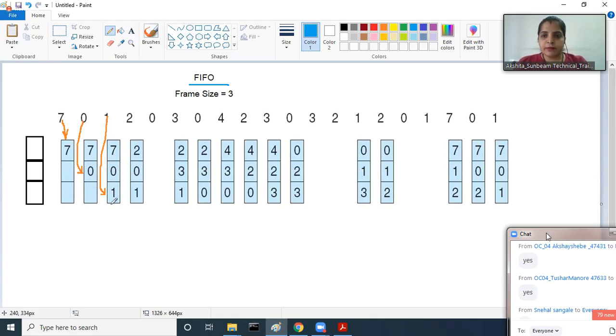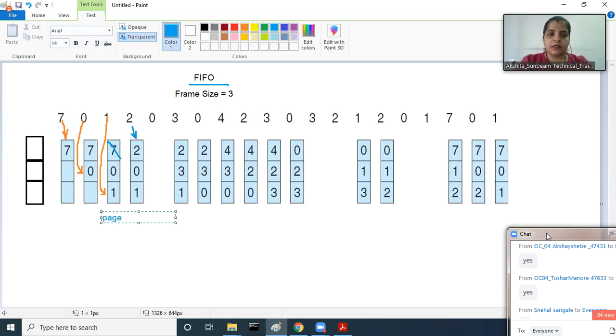Which page came first out of 7, 0, 1? 7 came first. 7 will be replaced with 2. So 2 is loaded. Have you understood?